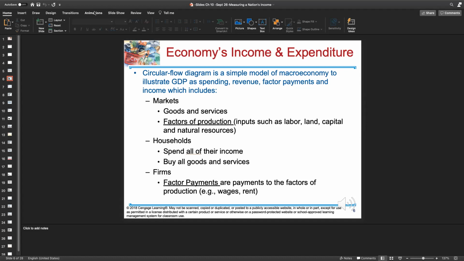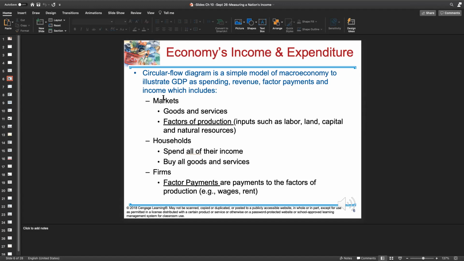It shows the markets, households, and firms, and how households and firms interact in the market.